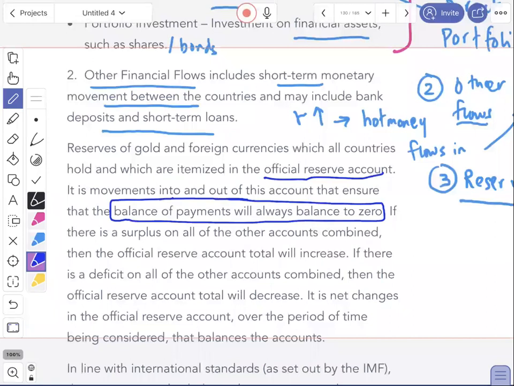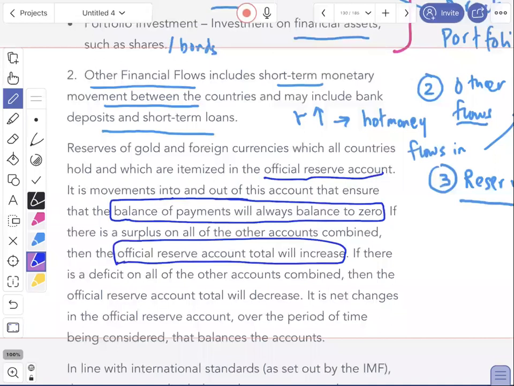But whenever there is a surplus, we will take the 30 away for future deficits. So if there's a surplus in all of the other accounts combined, then this official reserve will increase.